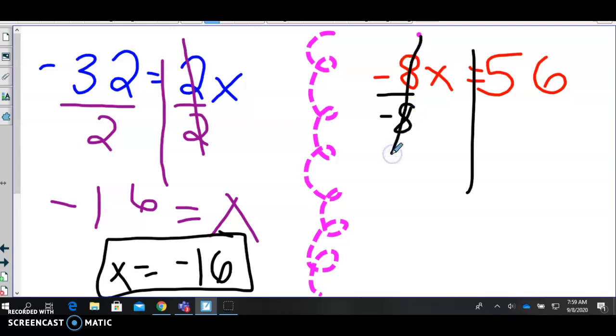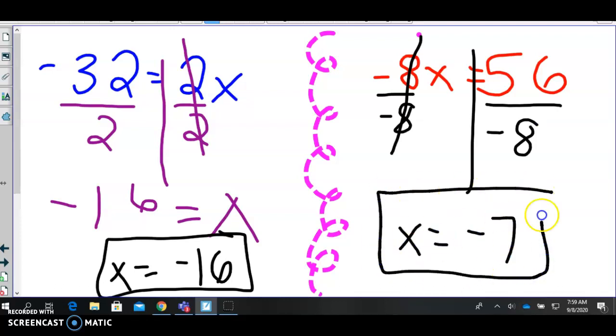That cancels out. What I do on one side of the equal sign, I have to do on the other. So if I went to my handy dandy Desmos and I did 56 divided by -8, I would get x equals -7. All right, and that is it.